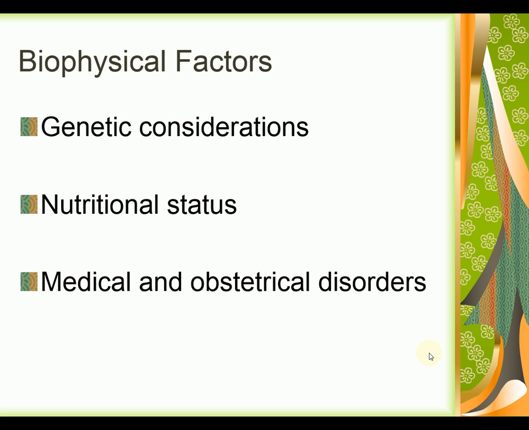You need to look at those and be able to know what qualifies as genetic, what qualifies as psychosocial, even the demographics of low income, low prenatal care, the age of your patient, if she's married or not, and of course your environmental things. So nutrition is a big thing with your biophysical factors.